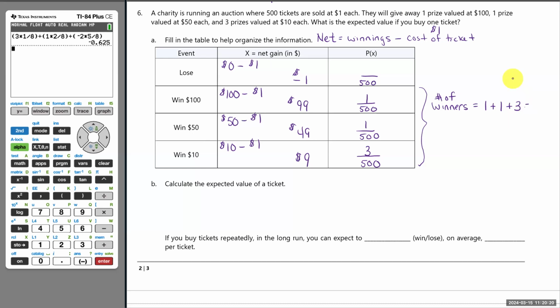So it looks like I've got 5 winning tickets. All right, but they're selling 500 tickets. So if you take those 500 tickets and take away the 5 people that win, so 500 minus 5 will tell me that the other 495 tickets are losing tickets.